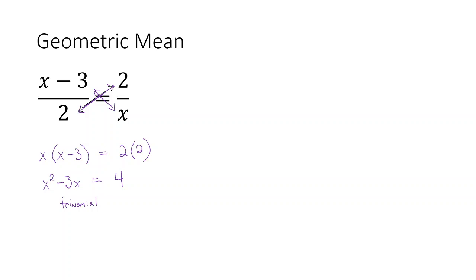And so in solving a trinomial, there's actually a number of ways to solve a trinomial. The easiest is with something called factoring, and this lends itself to factoring. So we have x squared minus 3x equals 4, and we're going to set that equal to 0. The majority of the time when solving a trinomial, the easiest thing to do is to set it equal to 0.